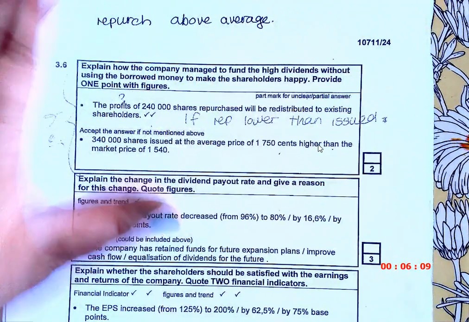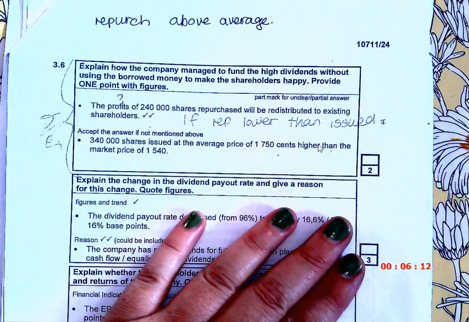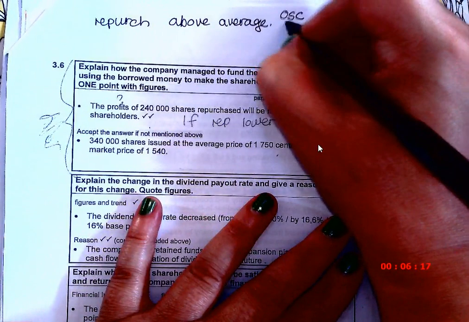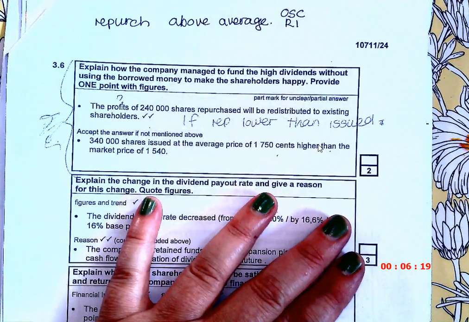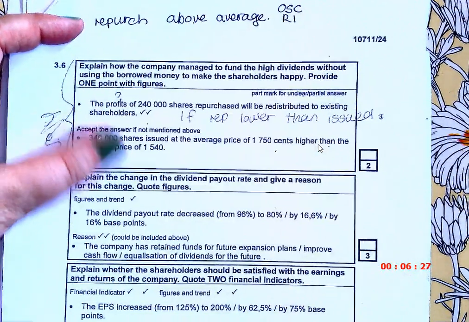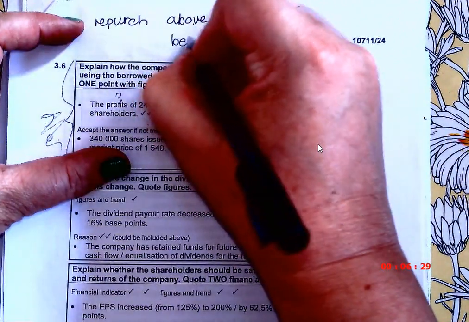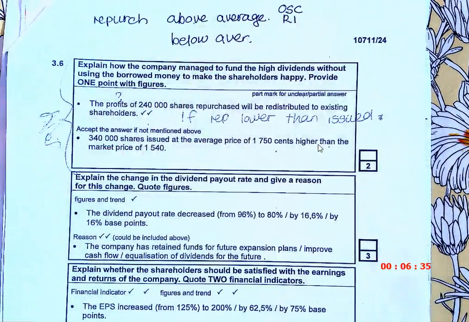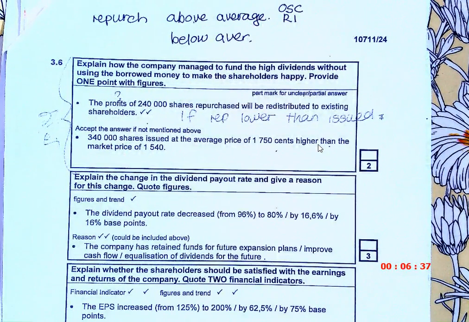Okay? Now, what will happen? So then what I do above average, I use ordinary share capital and I use my savings for that which I repurchase more. But can you see, if we can repurchase above average, we can also purchase below average. That's not in our syllabus, but it makes sense. Because if I can do something above, I can also do something below.